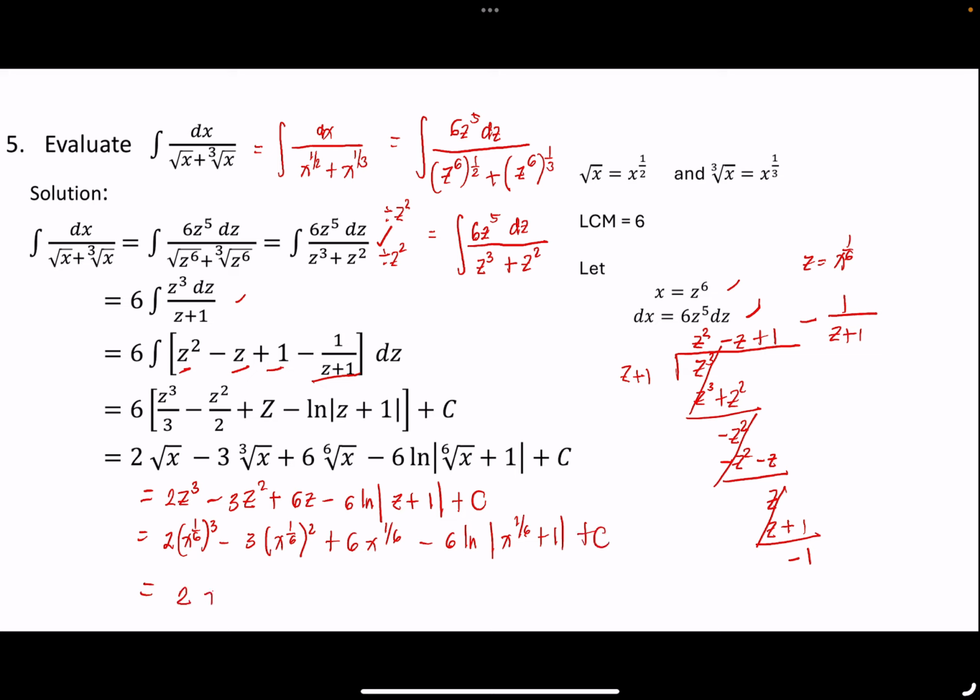So 2 x raised to 1 half minus 3 x raised to 2 over 6 plus 6 x raised to 1 over 6 minus 6 ln of x raised to 1 over 6 plus 1 plus c. So we now have 2 square root of x minus 3 cube root of x plus 6 sixth root of x minus 6 ln of the sixth root of x plus 1 plus c.